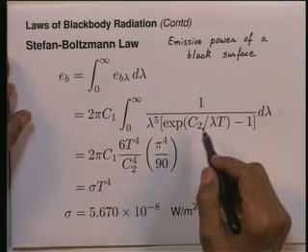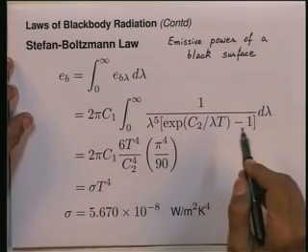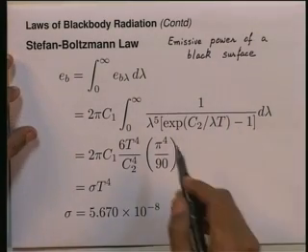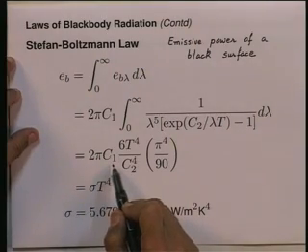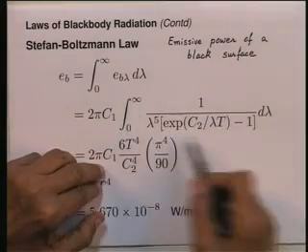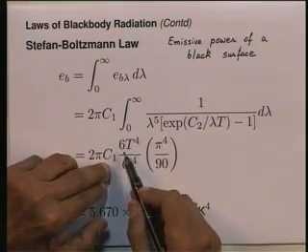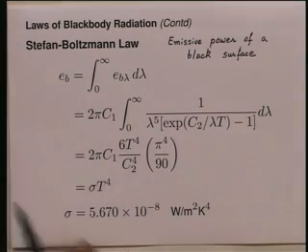So, the net result of doing this integration, which is not a very difficult integration, is a final expression of the form 2 pi c 1, which is anyway there outside the integral, into 6 T to the power of 4 upon c 2 to the power of 4, into pi to the power of 4 upon 90.